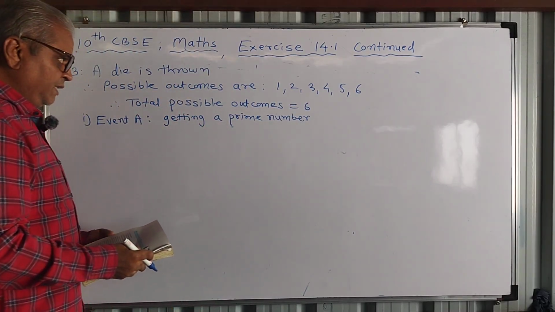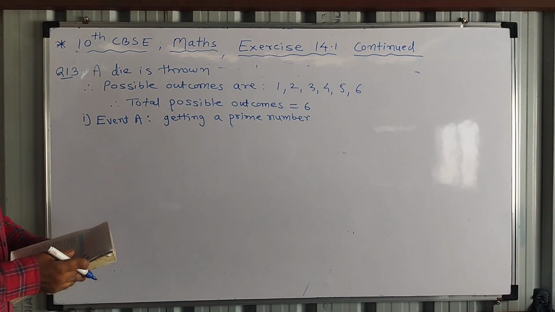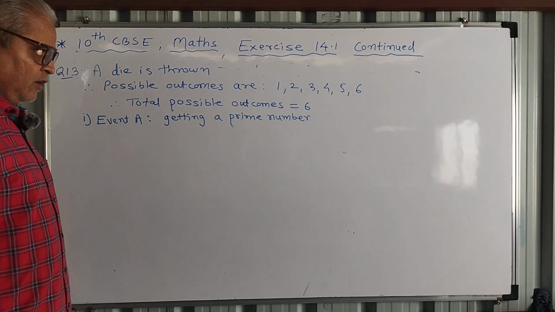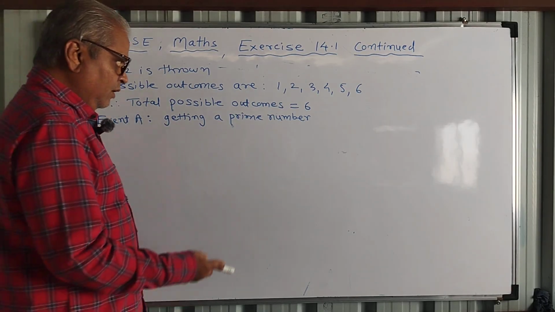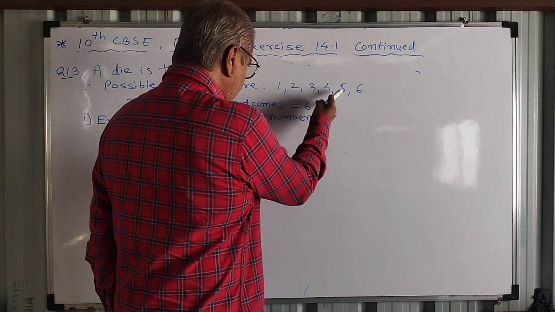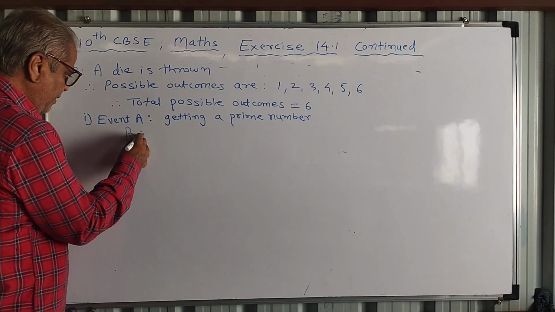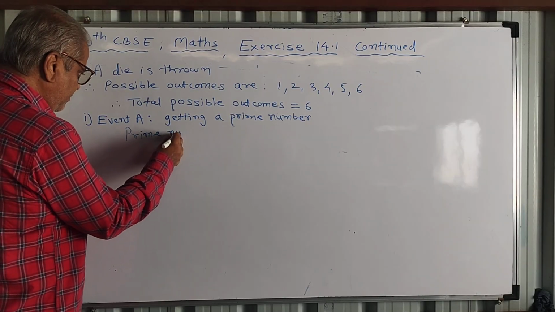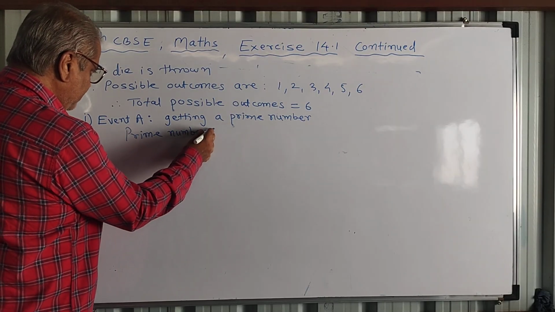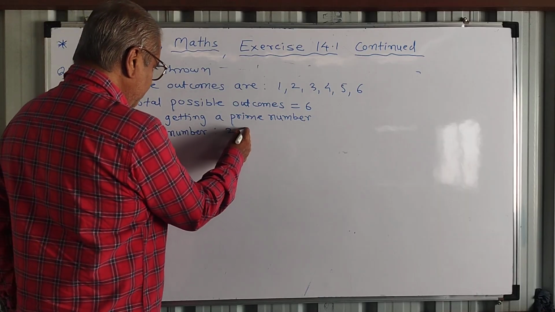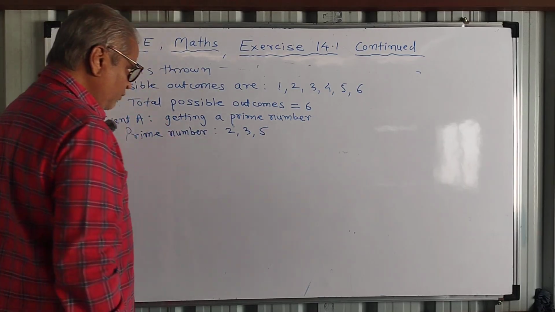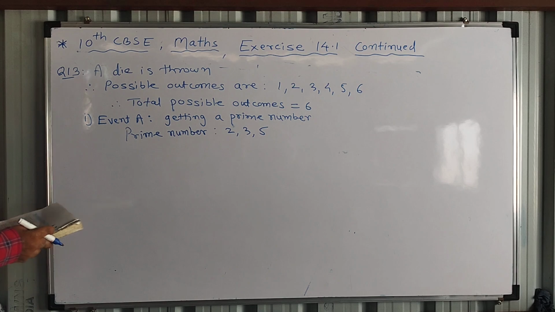So from 1 to 6, how many prime numbers are there? 1 is neither prime nor composite. So here 2 is prime, 3 is prime and 5 is prime. So prime numbers are 2, 3 and 5.